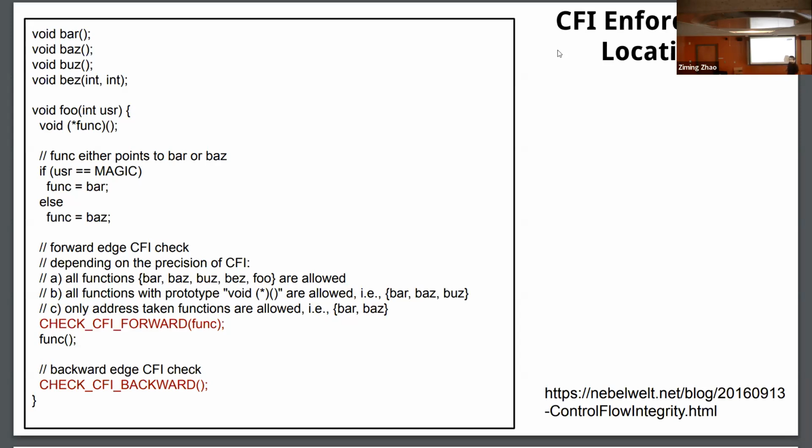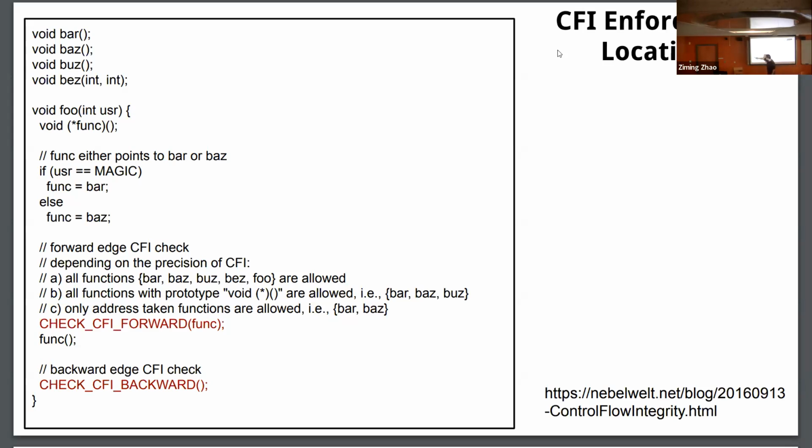That's why in existing approaches, LLVM already has CFI built into the compiler. I believe GCC also has some, but LLVM already has that. They are using a more coarse-grained approach.